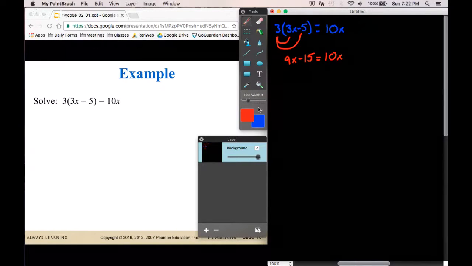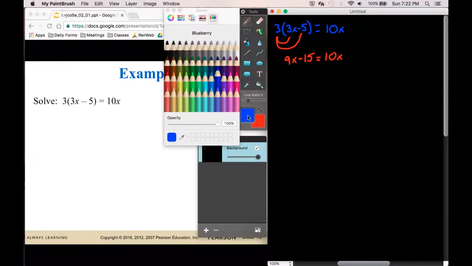Then you need to look for your like terms and get the x by itself. You have an x here and an x here, so you're going to want to subtract the 9x from this side and 9x from this side, which would give you a negative 15 equals a positive x. And that is going to be your solution.